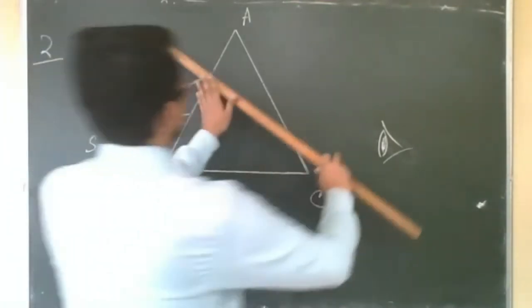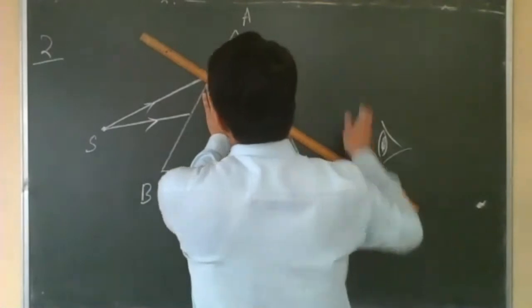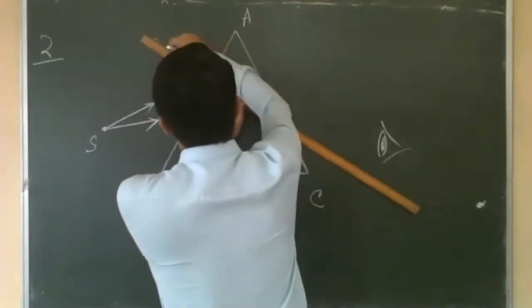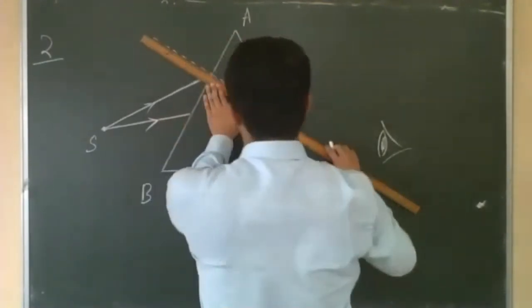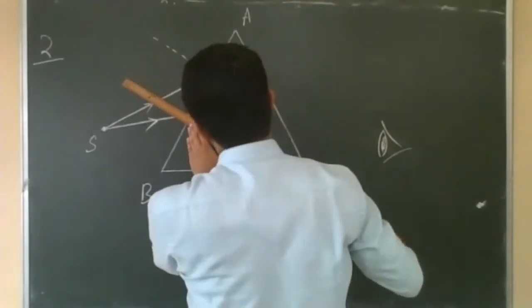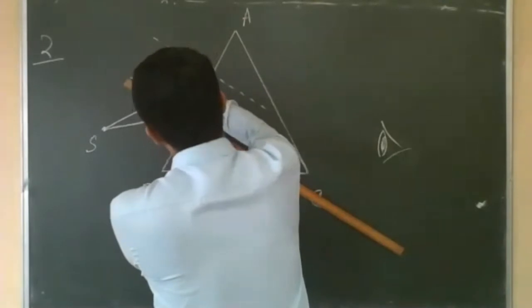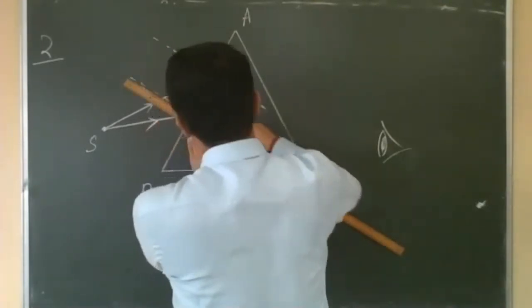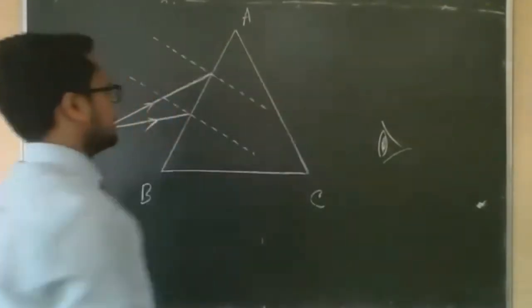Incident rays means we draw the normal. This is our second step. Draw the normal here also. We are drawing normals at the same surface, so they will be parallel.